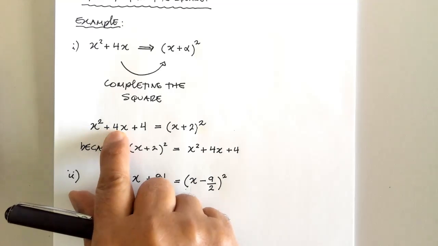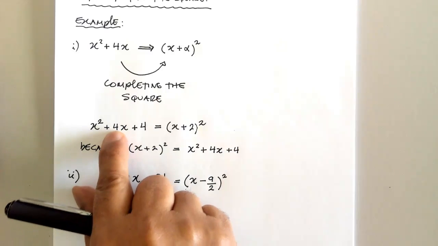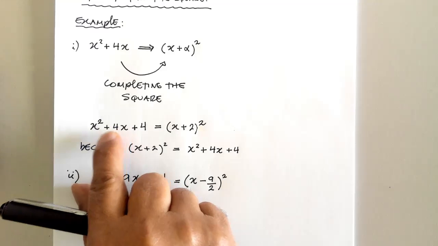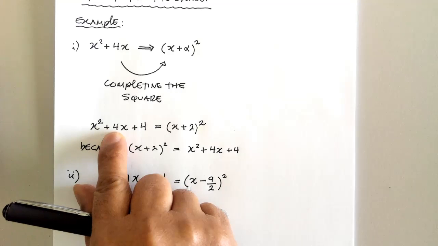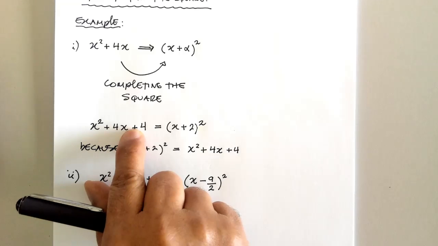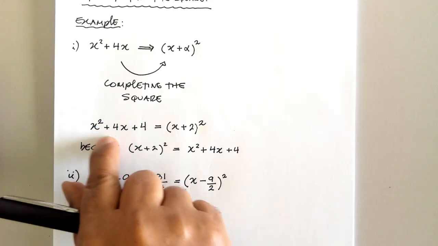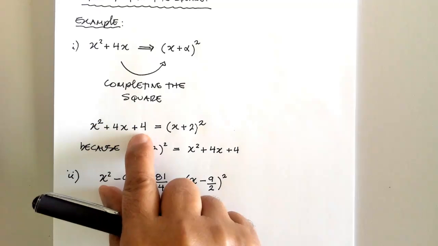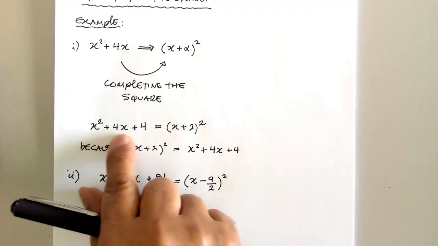Let's check what we did in this case. Always you look at the coefficient of x, and you divide that coefficient by 2. So 4 divided by 2 is 2, and then in your head you square that. 2 squared is 4. And this is a complete trinomial, and not only that, it's a perfect square.